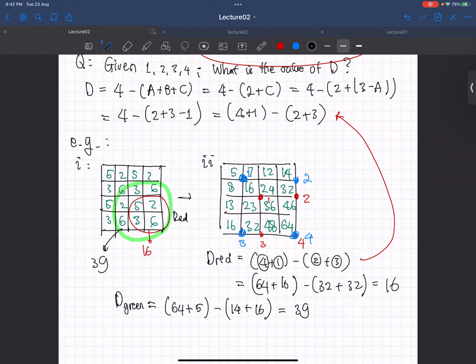So if you use integral image, the computation is much simpler and faster, because you only need four numbers all the time, regardless of the size of your block. So the big O, computational big O notation, here equals a constant 4.